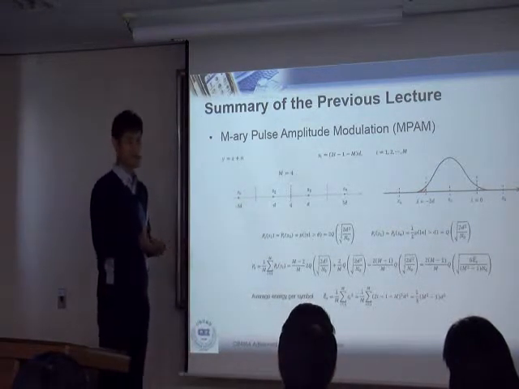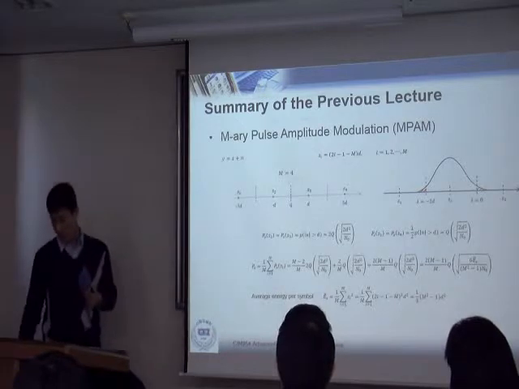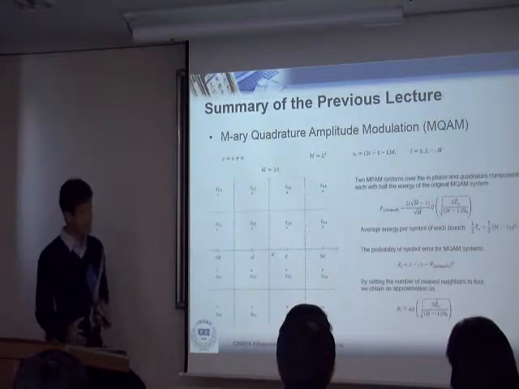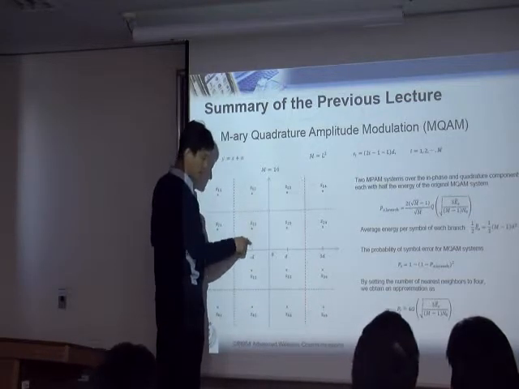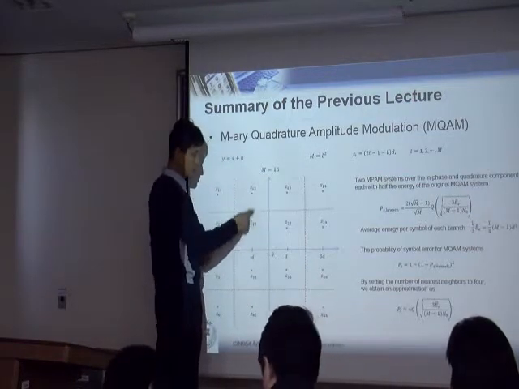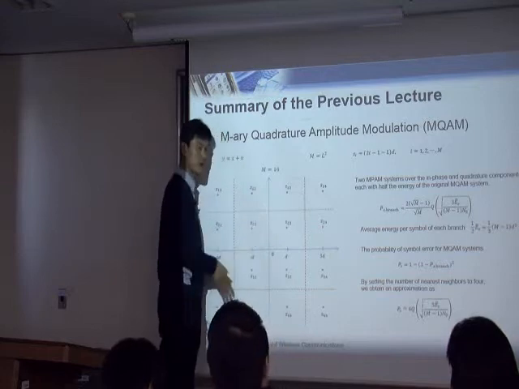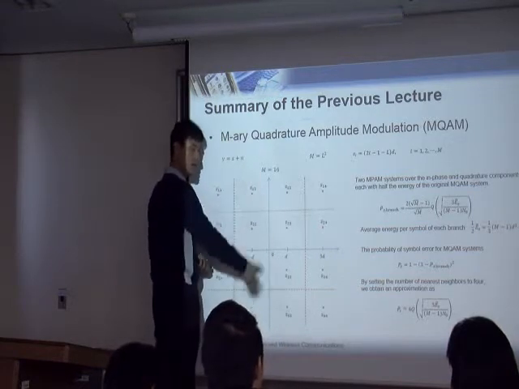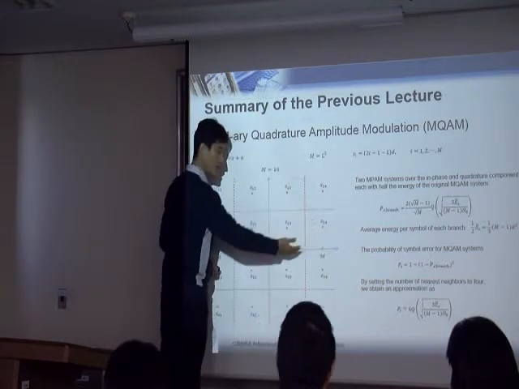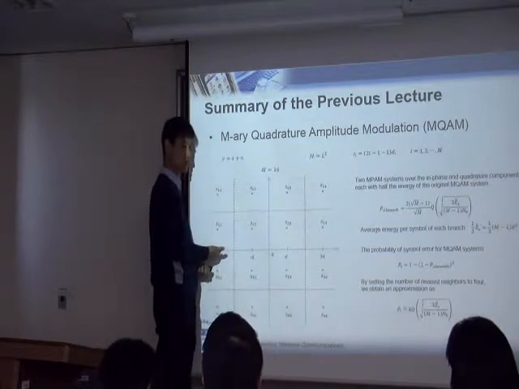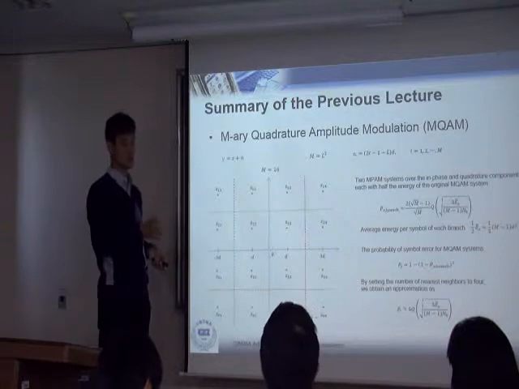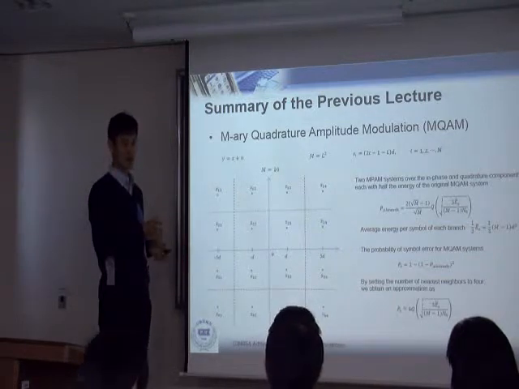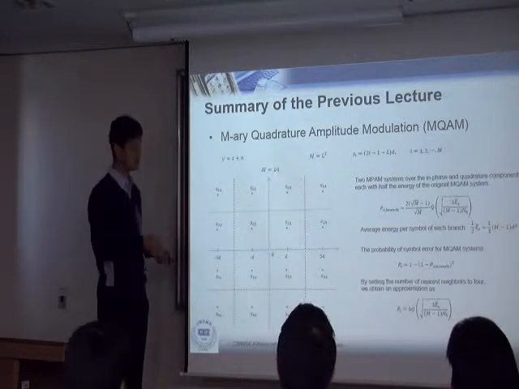Simple as that. 16-QAM is the same. In the 16-QAM case, I'm using 4-PAM, pulse amplitude modulation, in one axis, and the other pulse amplitude modulation in the other axis. So this is the same as using 2 pulse amplitude modulations, the same way as QPSK.